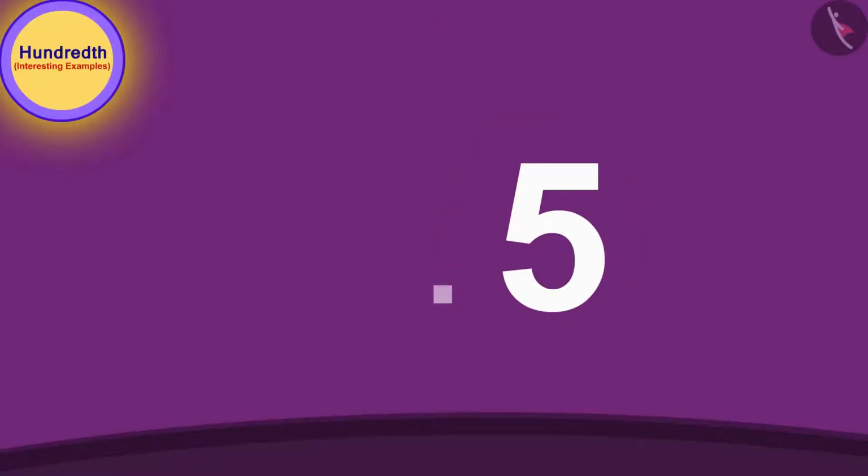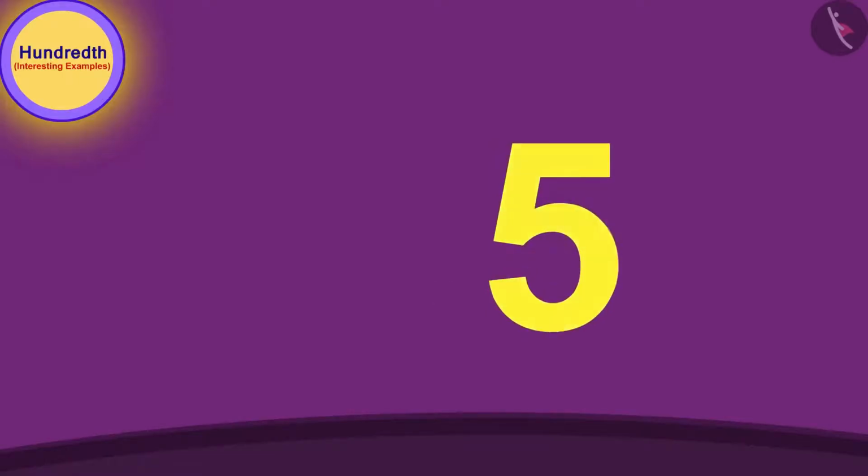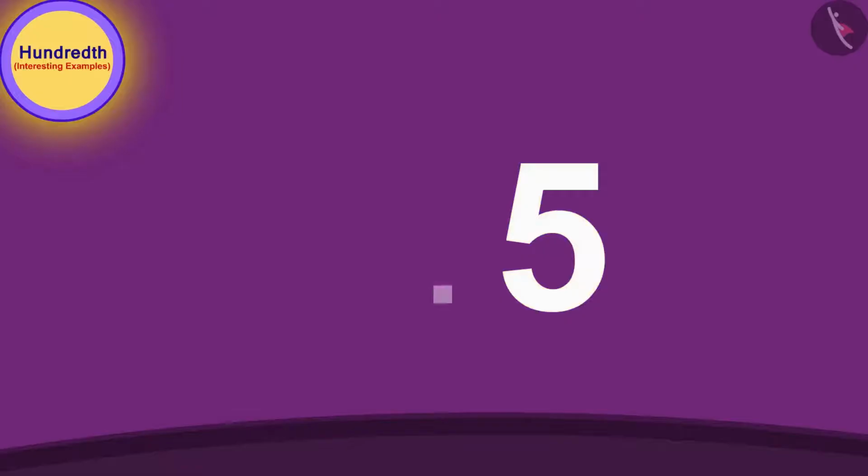And then, because 5 is made up of only 1 digit, we will once again move the decimal point to the left by adding a 0 to the left of 5.